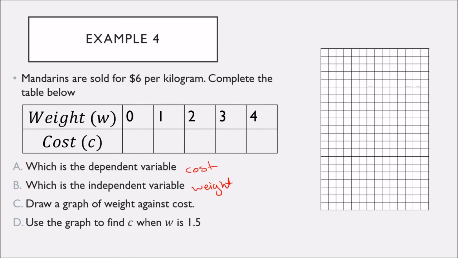We want to draw the graph of weight against cost. So if we're not buying any kilograms, it's going to be 0. If we're buying 1 kilogram, it's going to be $6, 2, 12, 3, 18, 4, 24, and so on and so forth. So what we want to do is put some labels on our axis.